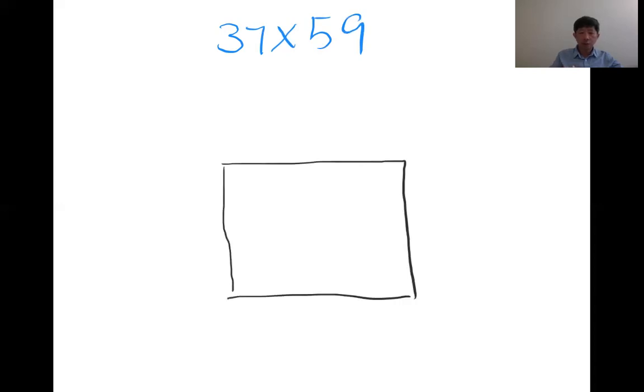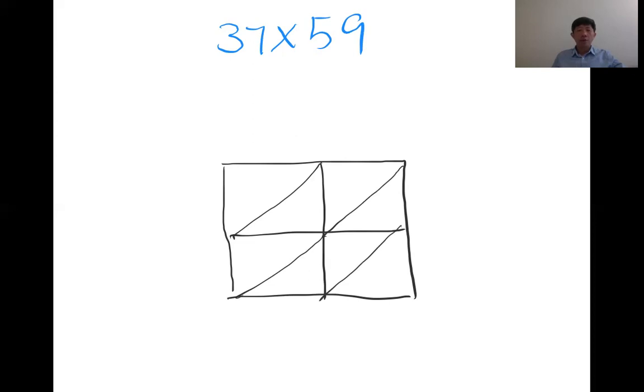Let's do another problem. Let's say I want to do 37 times 59. Again, I want to create a table like this. Lattice method.